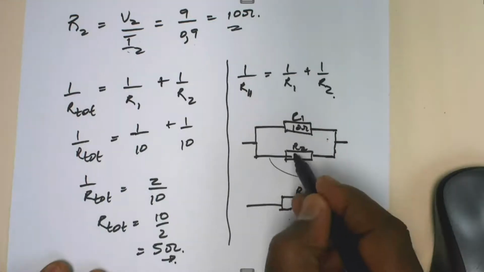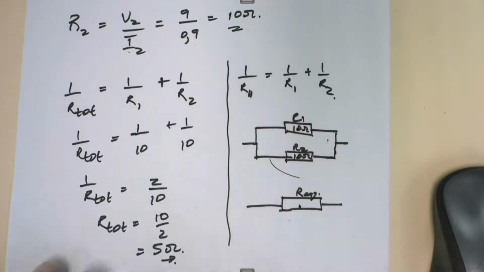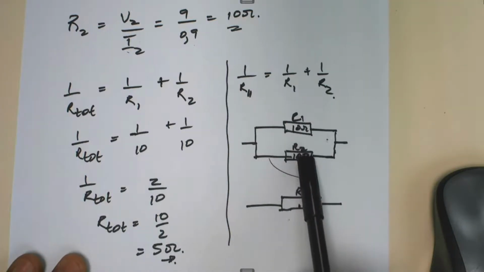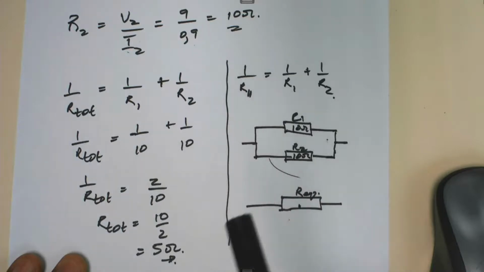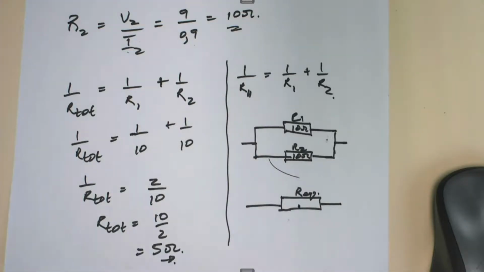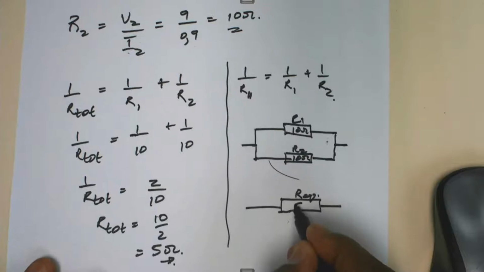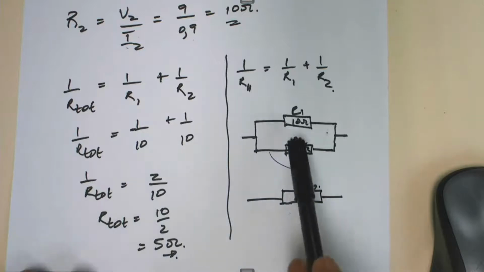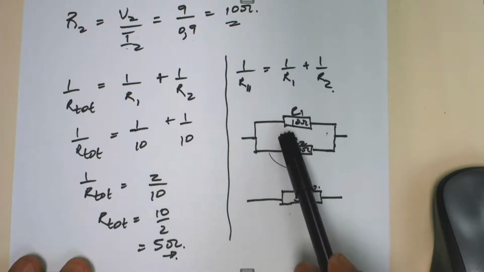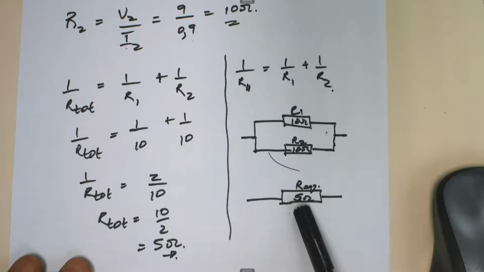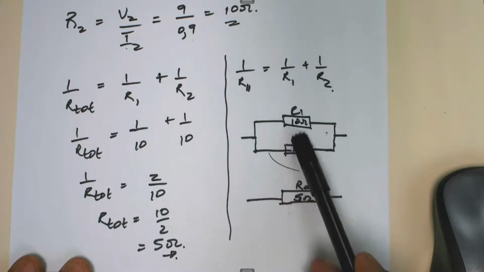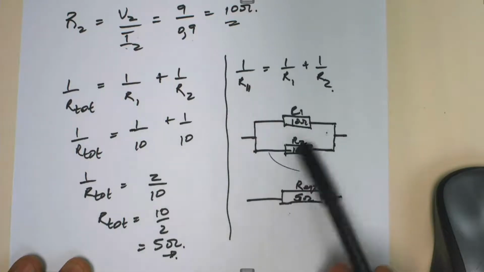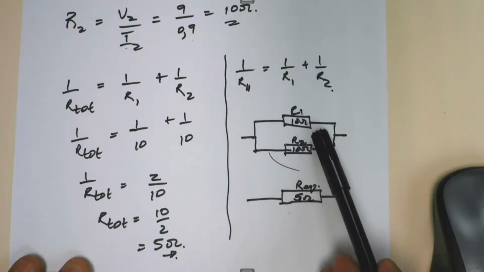Then this person realizes that in my kit I do not have two 10 ohm resistors, but I can use one resistor which will give the same resistance as the other two resistors. Then that person can simply remove these two resistors that are connected in parallel and replace those with one resistor which has the same resistance as the two resistors. So that is why we call that equivalent resistance, equivalent to the resistance of the parallel resistors.